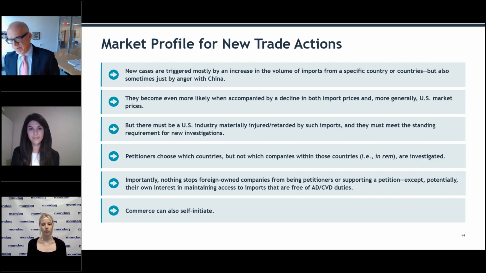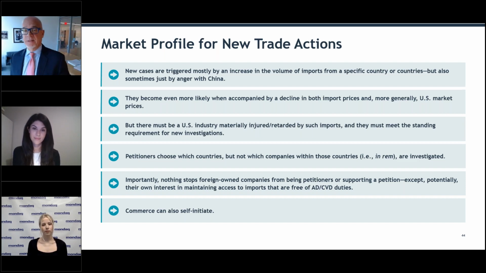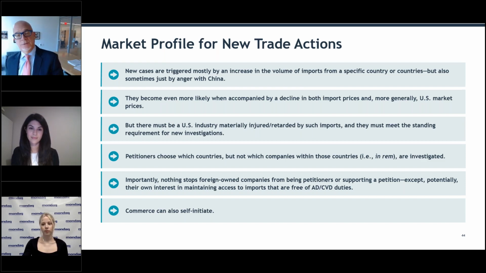This is mostly with regard to new anti-dumping and countervailing duty cases, but the fact is that increasing imports at lower and lower prices is sort of your hallmark for when new cases are being brought, and that applies frankly to the same kinds of concerns under Section 201, even other areas of law, including Section 232. If you look at what happened with steel and aluminum, that's exactly what was happening.